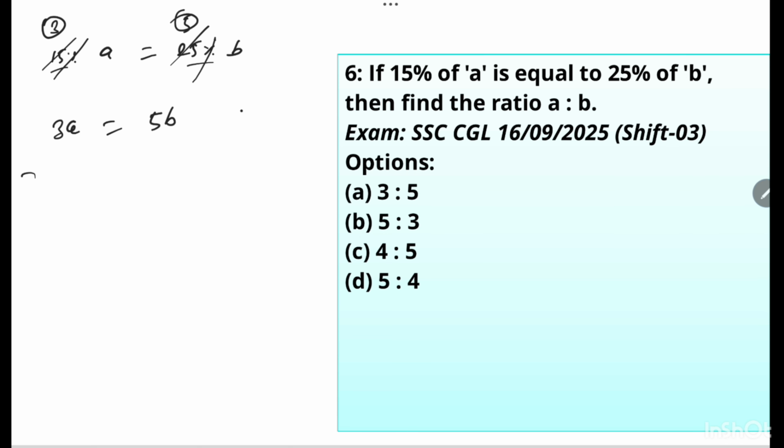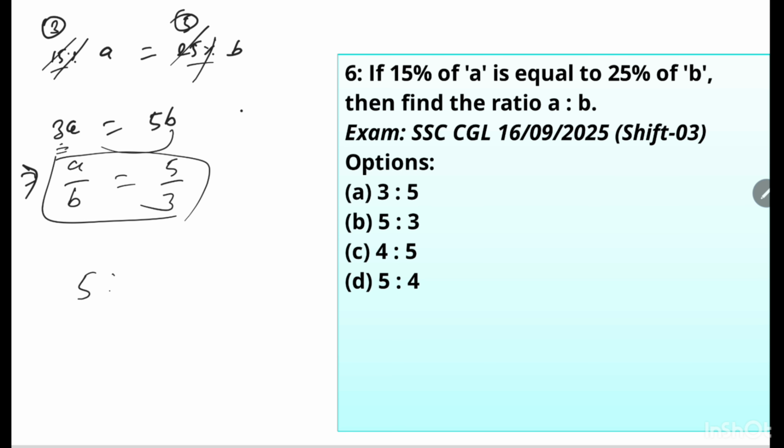How can we convert this into the form of a fraction? We will send this b to here, and we will send this 3 to here. So whatever is written, the ratio 5 to 3, the option B will be correct.